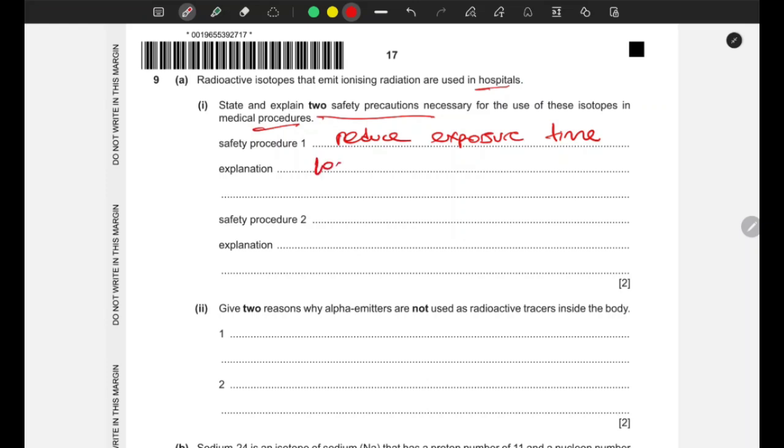So we can say less radiation absorbed. And the next one is keep as far away as possible.